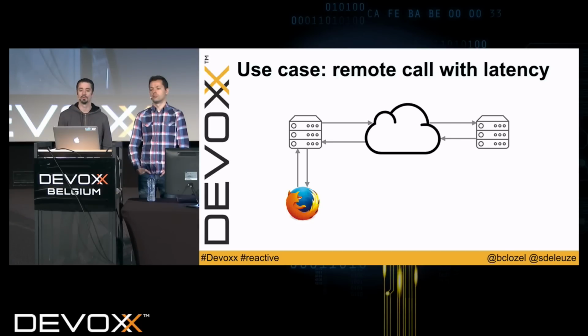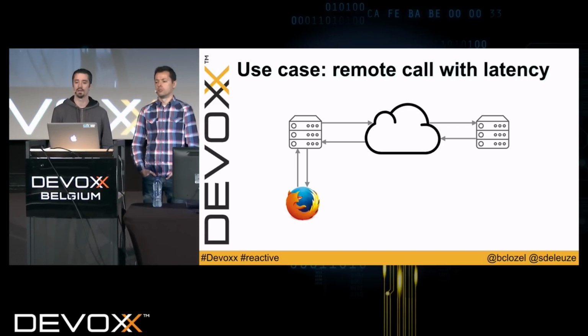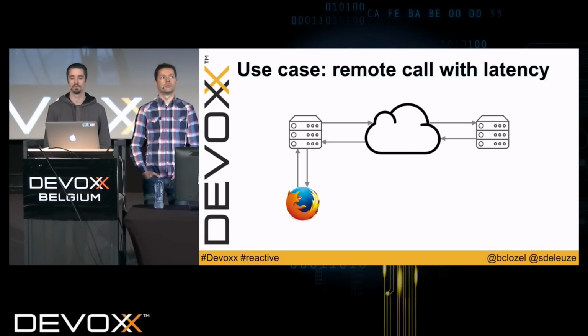That means that your web application will use one thread doing nothing while waiting for the response, and that's one use case where non-blocking asynchronous reactive applications allow to not block a single thread, and achieve better scalability.